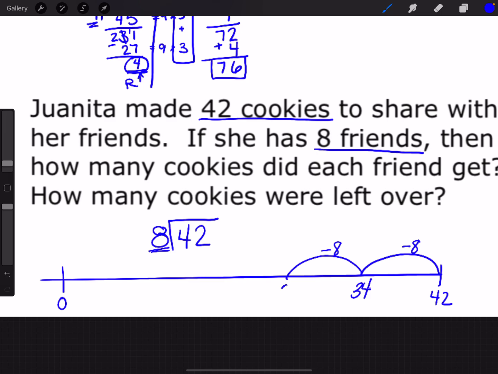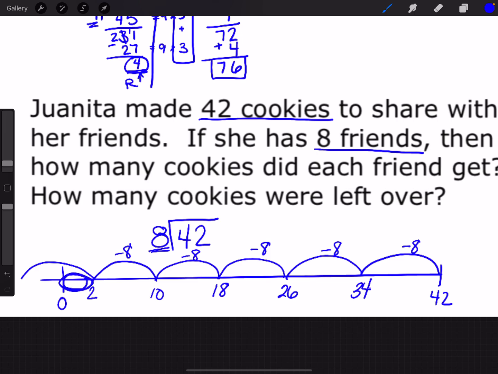Take away another 8 is 26. Take away another 8 is 18. Take away another 8. That is 10. Take away another 8. That is 2. And then if we take out another 8, that would be too far back. That would be past the 0.